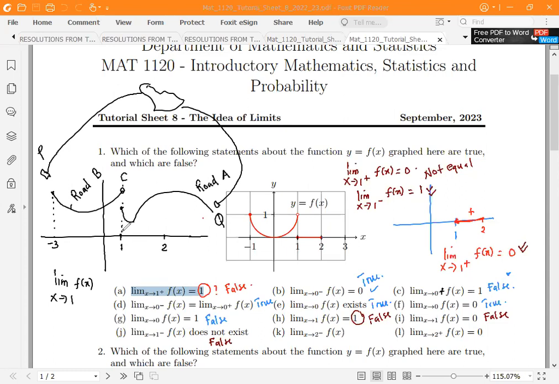If this is a hotel, suppose there's a hotel there, and another hotel here. This hotel you are paying maybe 1,000 per night, and that hotel you are paying 2,000 per night.